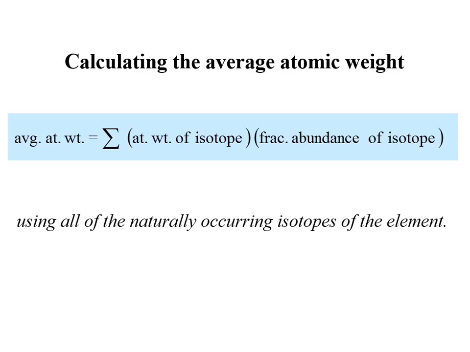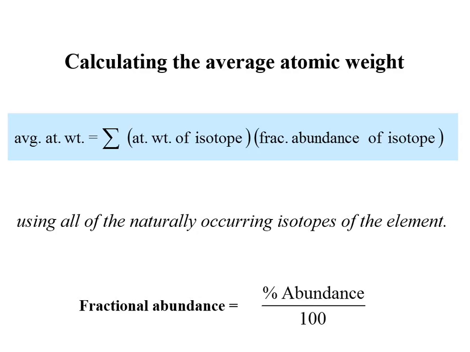And then you add those together. Okay? And here's where I say what I told you a little bit ago, fractional abundance. You're usually given percent abundance. To get to fractional abundance, we're going to take the percent divided by 100. It's a weighted average.